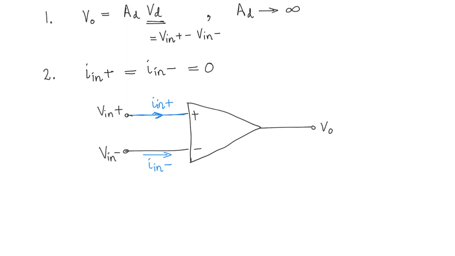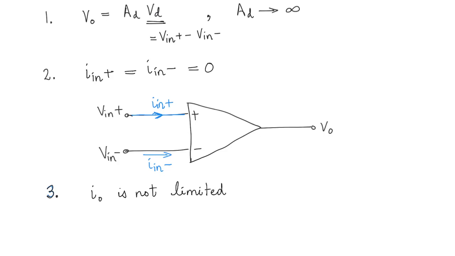The third characteristic of an ideal op amp model, and this is the last one, is the fact that we'll assume that the op amp can give as much current as is required. So I output is not limited. Okay. Now, what is I output?